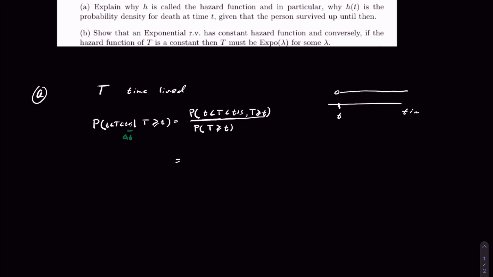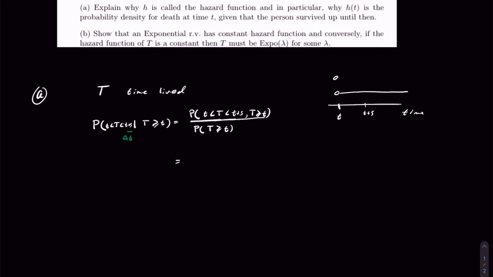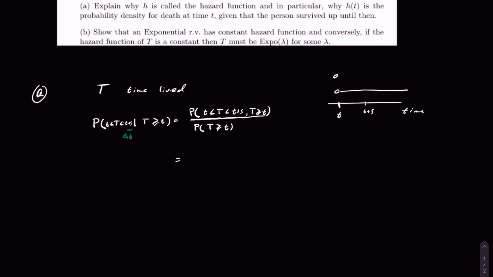This is the time axis. And we know that this individual has lived up until that. Now, this event here means basically the same thing, but we're thinking about it as plus a little extra time, s. So this individual is going to live this far, right? So we can see that this joint probability is asking for this event here.